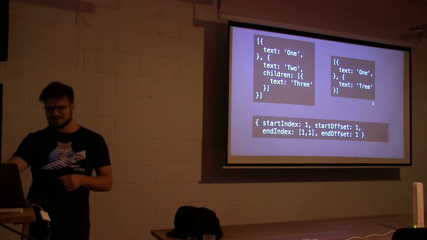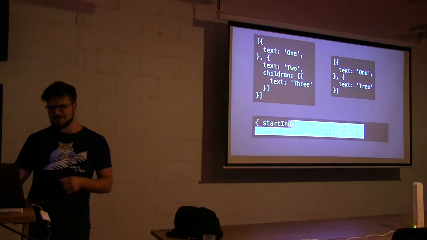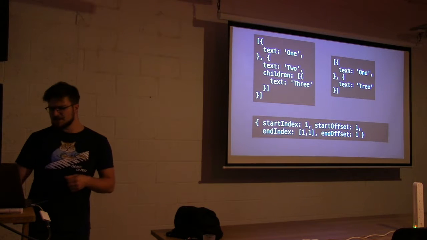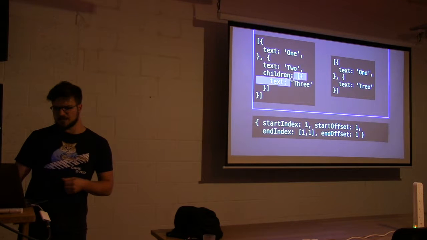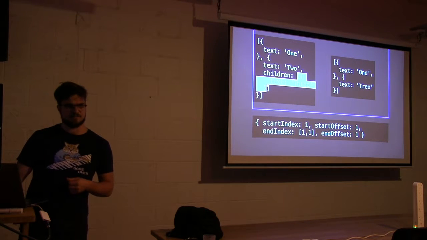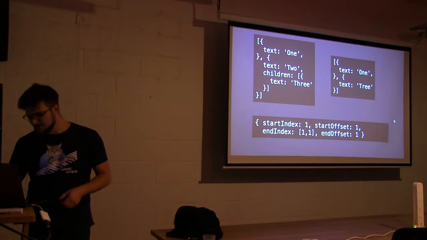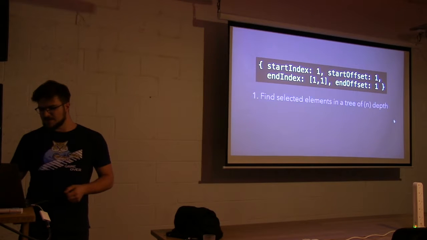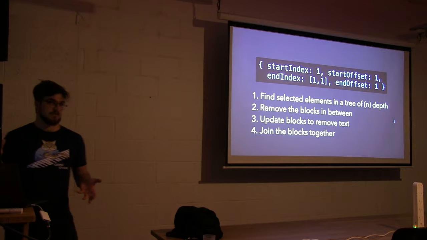But behind the scenes, I'd have to do a lot more. This is how I'd represent that change: start index and start offset, and the end index would be the index of this child block. And this is what I'd have to do algorithmically to make this update.